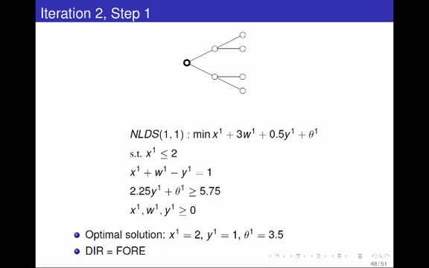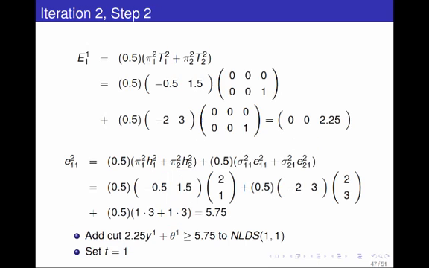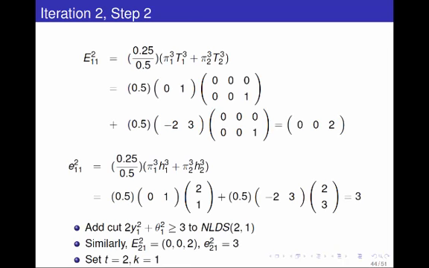Now, every time this direction changes, the convention is we move to a new iteration. So we were already in iteration 2 when we hit the end of the tree and flipped direction. That's a convention I use.